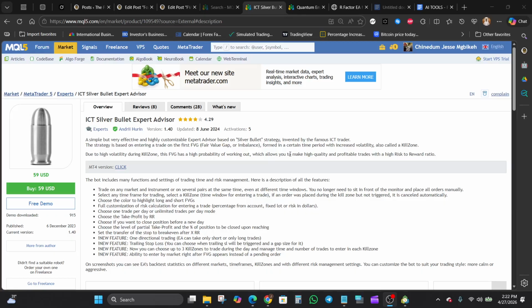So let's just move from theory to actual performance. I've already downloaded the free demo, which can only be used on the strategy tester, obviously. So we're going to be running the ICT Silver Bullet Expert Advisor. We're going to be running a back test on our MT5 right away.